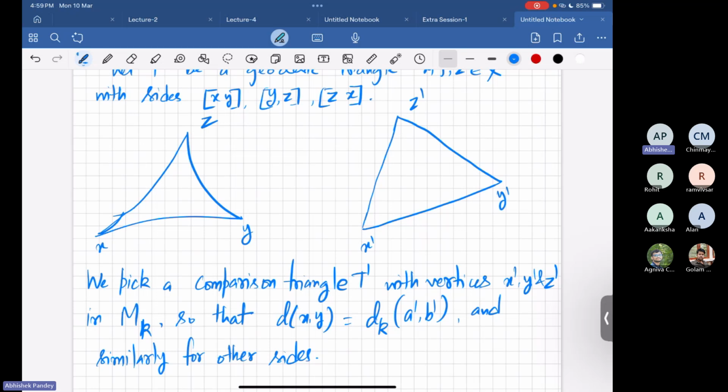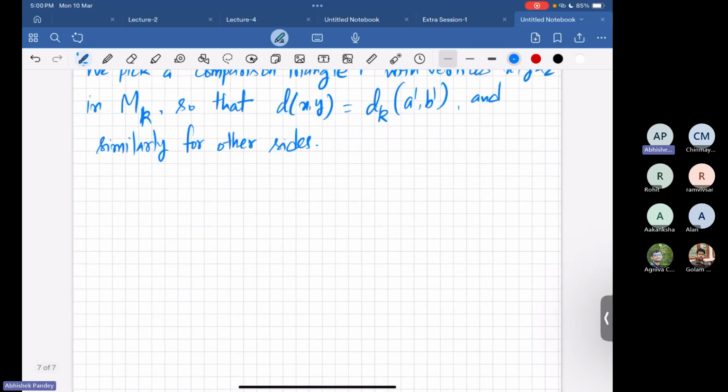Again, we take two points u and v, and take the images u' and v'. Now here comes the definition.